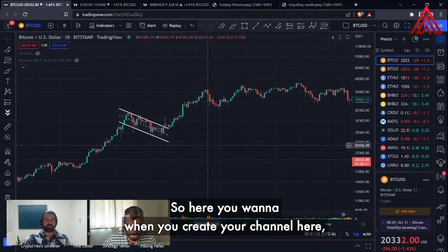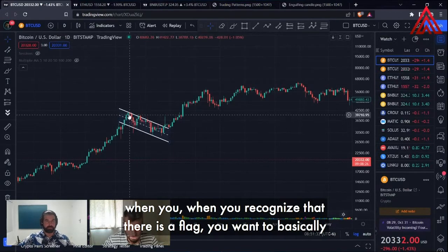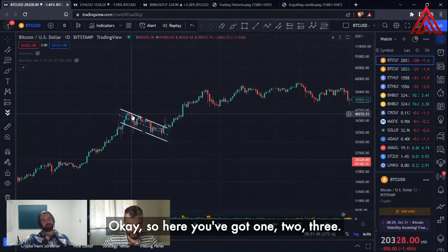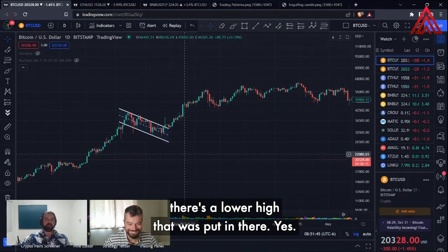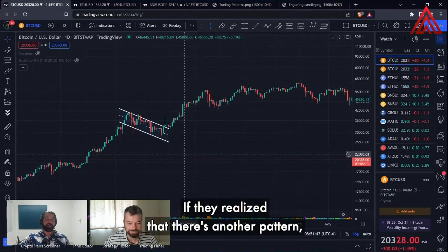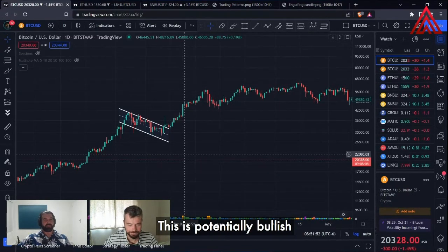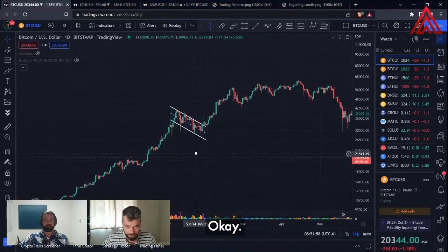So when you create your channel and you recognize that there is a flag, you want to be touching as many wicks and candles as possible, up and down. I think this might be confusing for new people because they might go, "Oh, look, there's a lower high that was put in there." But actually, if they realize that there's another pattern, then they see that's not a lower high. This is potentially bullish consolidation happening. Yeah. So the thing is, again, here we're on a daily time frame.